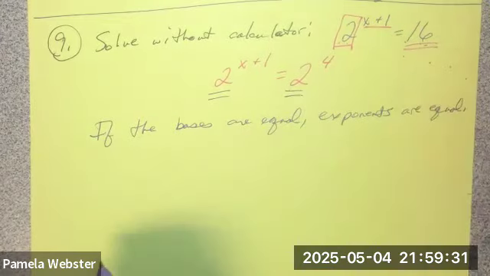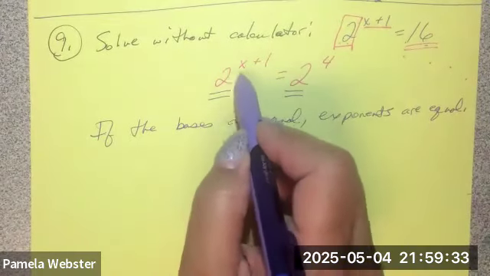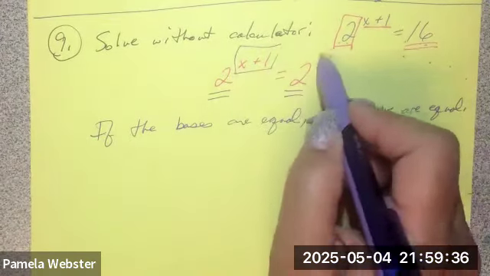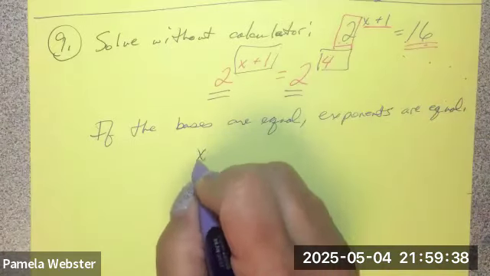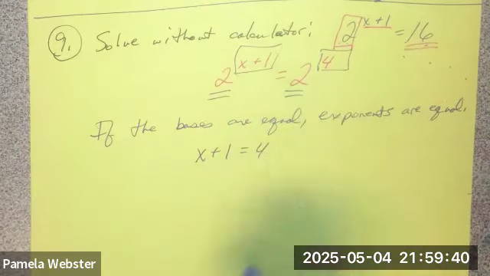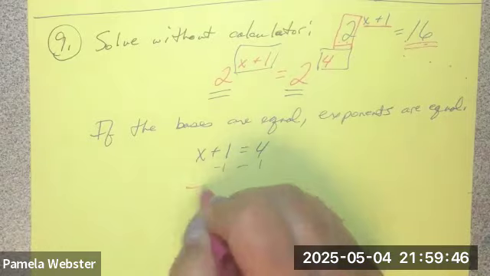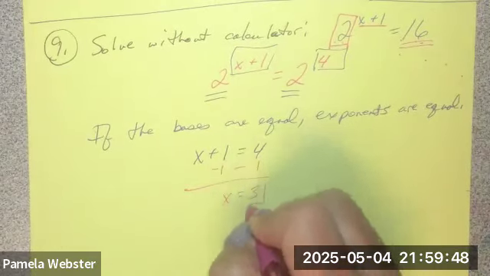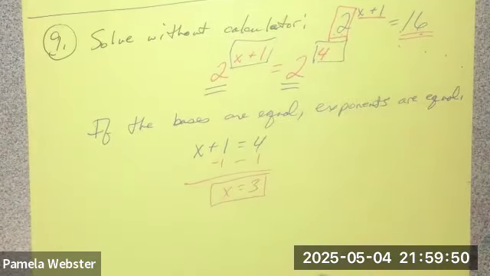Okay, and they must be. So I say, hey, this 2 is equal to this 2. Therefore, I can set the two exponents together. X plus 1 equals 4. And then, of course, we want to solve for that guy. X equals 3, right?